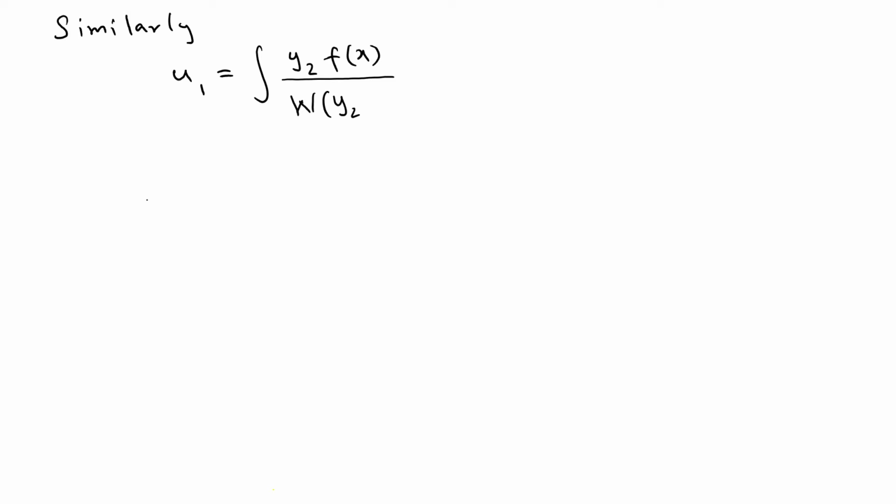Similarly, you're going to get u1, which equals y2 f(x). Here, remember, the Wronskian now becomes W(y2, y1) because you changed the index. But to make things easy, we switch these two so that you have the exact same Wronskian.